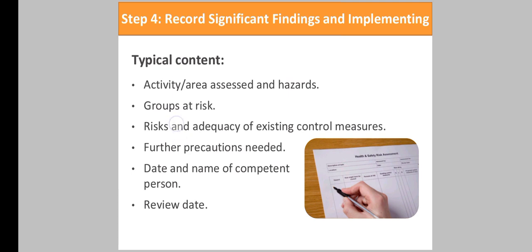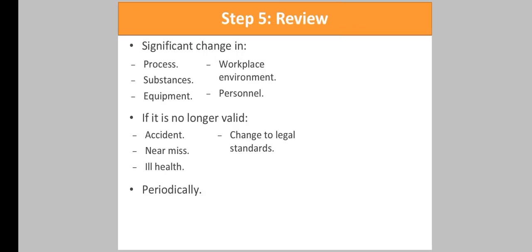Then we will put the date and the name of the competent person who made this risk assessment, and the review date, the periodic date for that risk assessment. The last step of the risk assessment is the review.